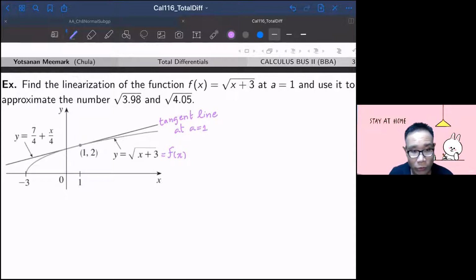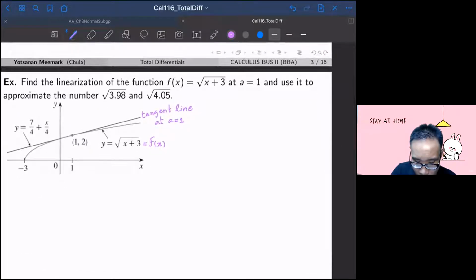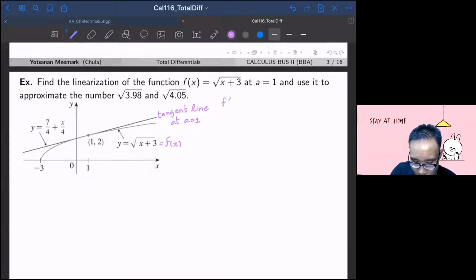If you wish to find the tangent line at a = 1, the thing that you did in Calculus 1 is you need the derivative f'(1), which gives you the slope.